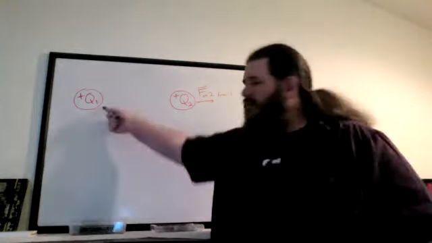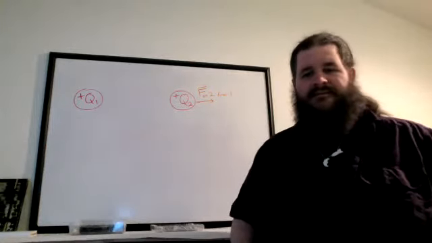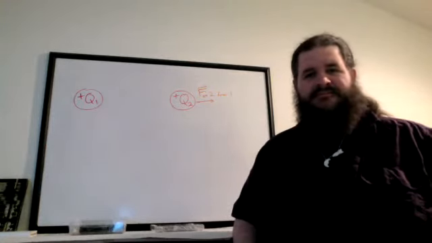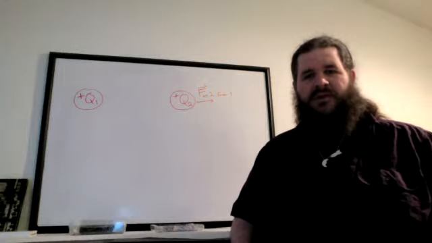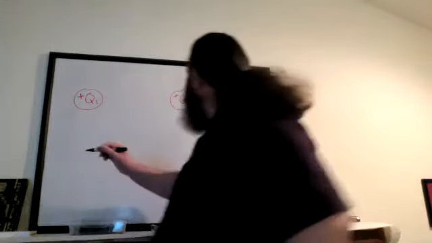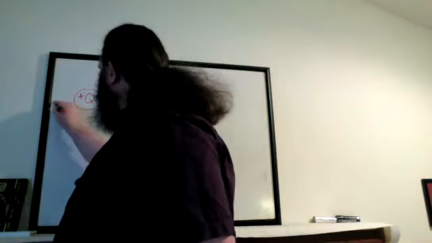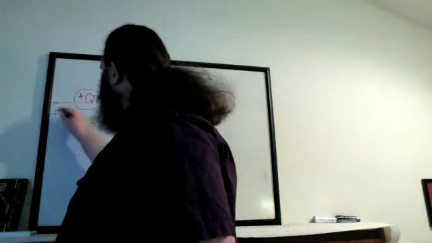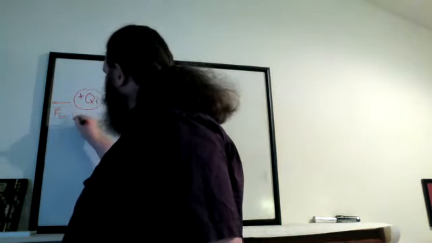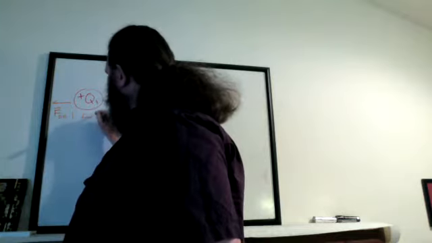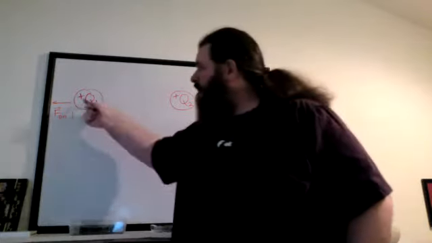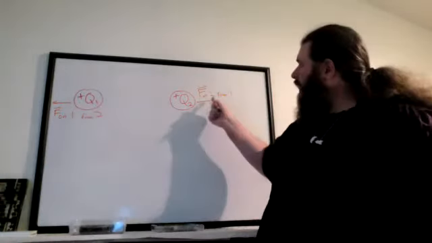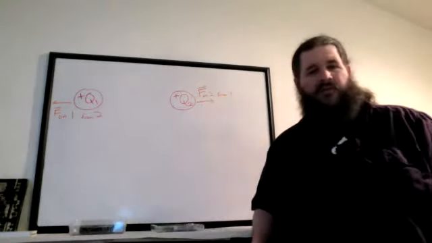And meanwhile, what's happening to charge 1? Charge 1 experiences a force to the left. So this would be the force on 1 from 2. So we've got two forces involved, the force on object 1 from object 2, and the force on object 2 from object 1.